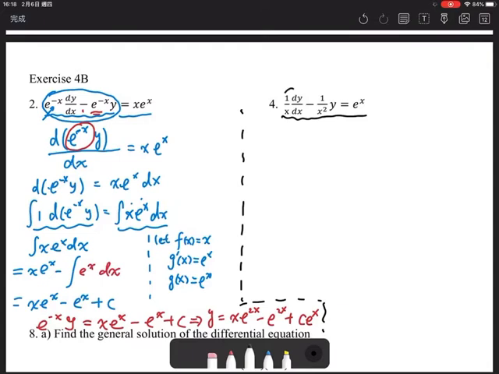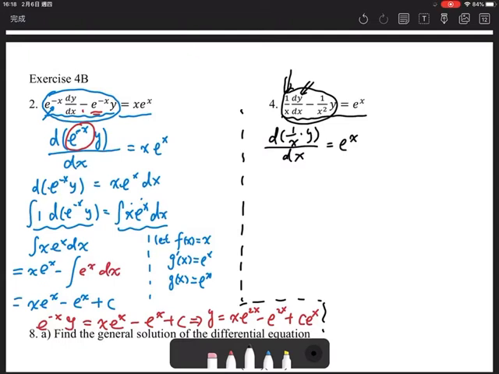Check whether the left-hand side can be written as the derivative of a product. So of course, yes. So one of the functions is 1 over x and another one is y. So d of (1 over x times y) dx, you can double check whether it is true or not. So actually it is true, and equals e to the power of x.